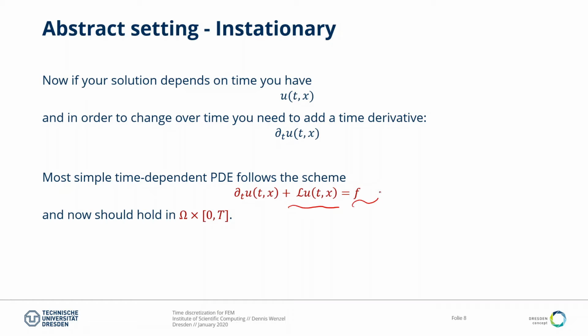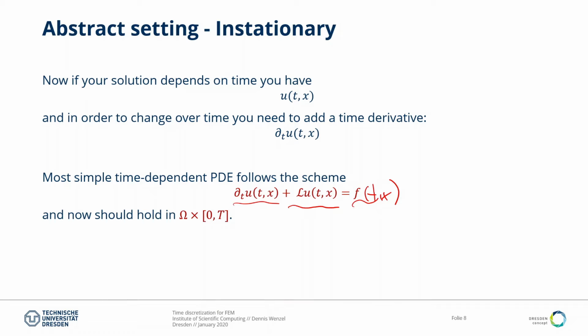On the right hand side, you still have your external force F that is doing something. Maybe it now depends on time and space and not just on space. Then you have your linear differential operator L that may contain a Laplacian or some convection term, whatever you like. And then you have a time derivative. Okay, so this is just the combination of the two.